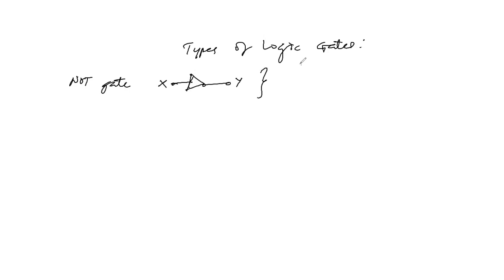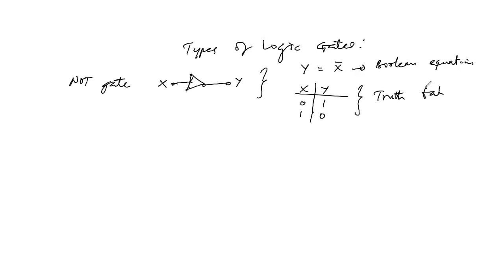So here, the output Y is the same as NOT X. This is the Boolean equation. And then for the truth table, we have X and Y. So we have two possible input combinations. So if we feed zero as input, then we're going to get an inverted value, which is 1 as the output, and if 1 is the input, then we have 0 as the output. And this is the truth table.